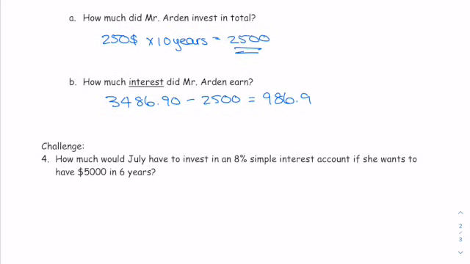Finally, there's a challenge here. How much would you have to invest in an 8% simple interest account if you wanted to have $5,000 in 6 years? So for this one, you're using this equation. You want to have made $5,000.